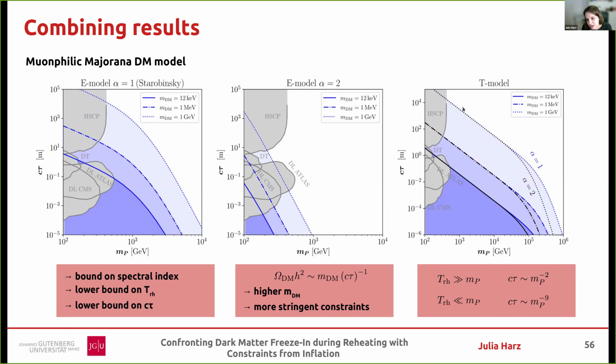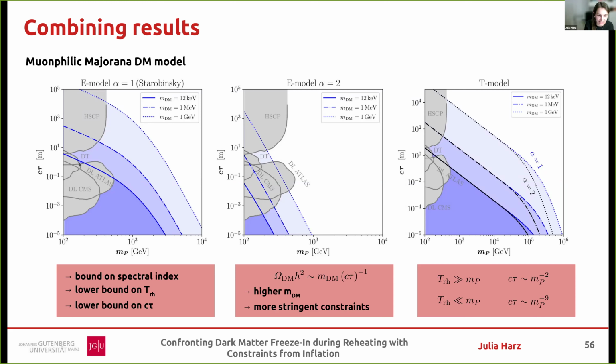And what you see in this case very nicely is that we get a kink in the distribution. This comes from the hierarchy of the reheating temperature with respect to the parent particle. So we have here a scaling with Planck to the -2, and then parent particle to the -2, and then parent particle to the -9. So the bottom line is that besides the constraints from the collider, you can also take constraints from inflation and put things together.